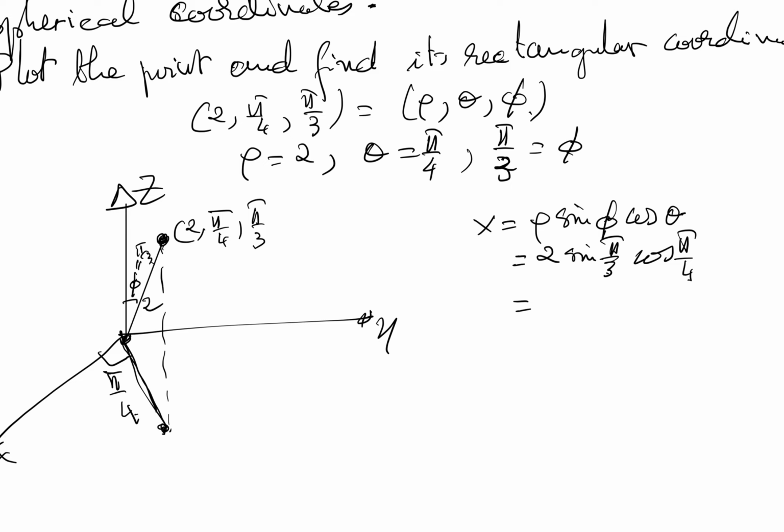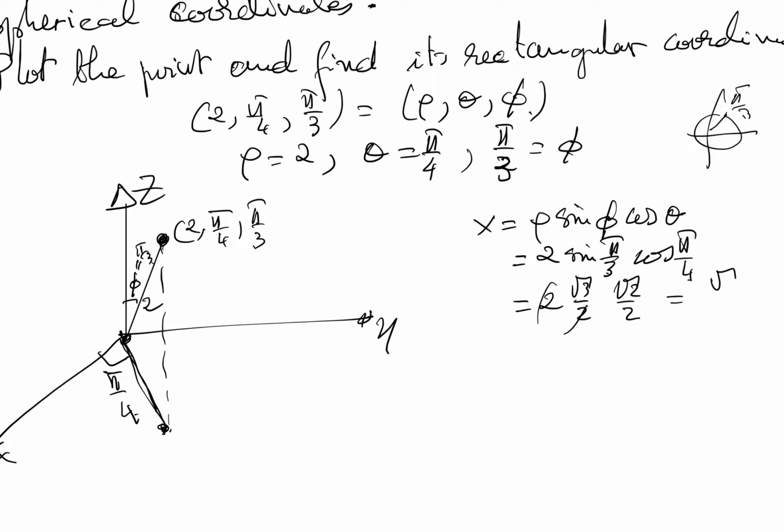Remember, on the unit circle, the sine of pi over 3 is square root of 3 over 2, and the cosine of pi over 4 is square root of 2 divided by 2. And you can see here the 2 will cancel out.